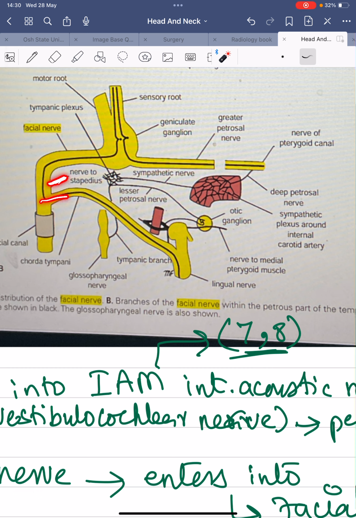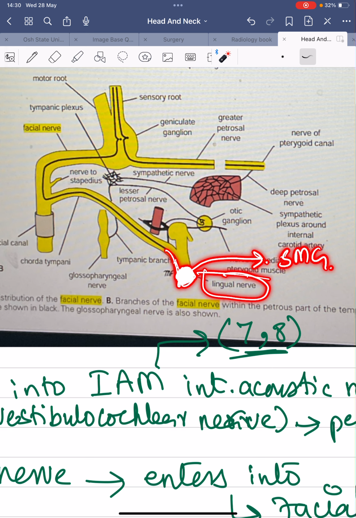This is your chorda tympani. This one. So this chorda tympani is going to join with the lingual nerve. So here it is going to form the submandibular ganglion, and then it is going to give innervation to the submandibular gland and your sublingual gland also.